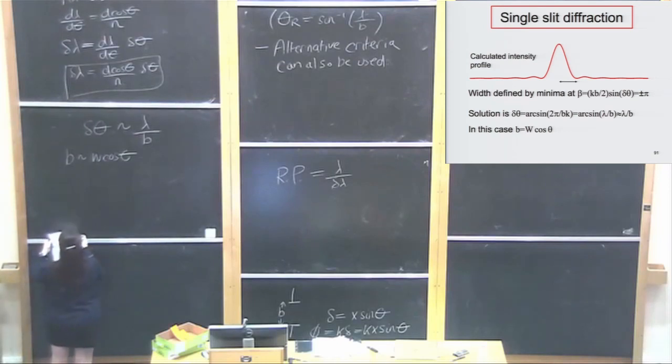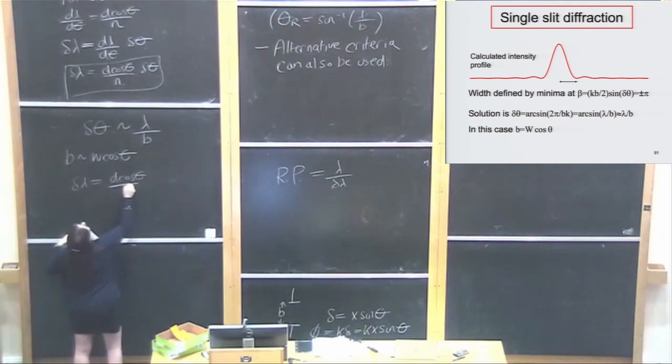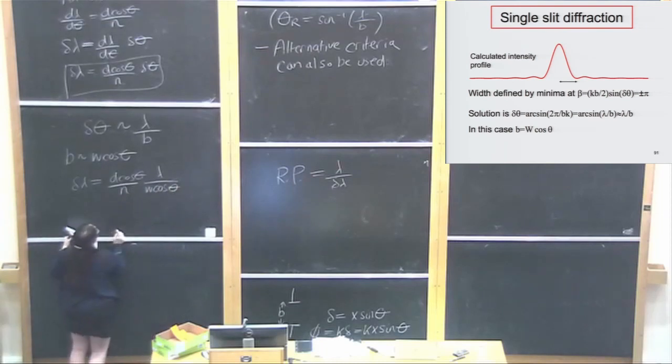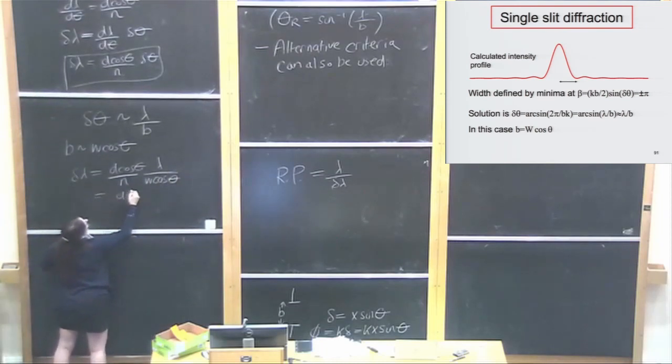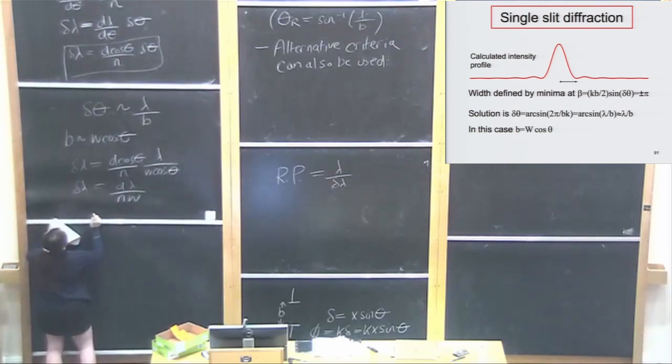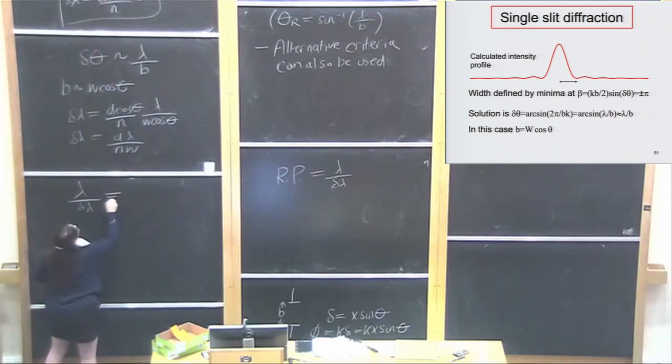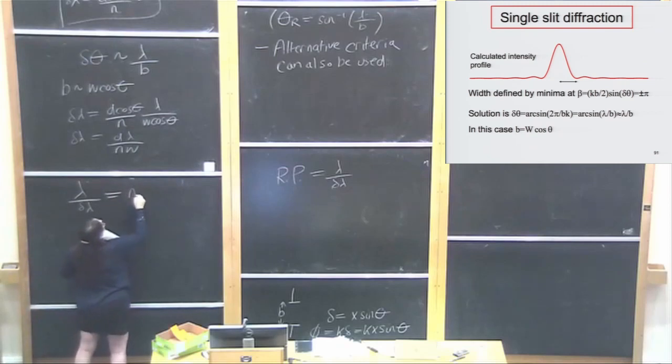So delta lambda equals d cos theta over n, times lambda over w cos theta. You can see that my cos thetas go away. So I've got d lambda over n w. And so lambda over delta lambda, which is the thing that we want to calculate, is n w over d.